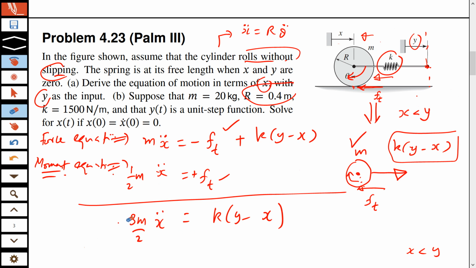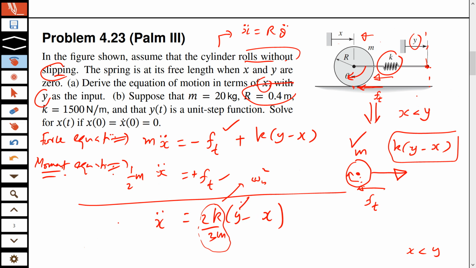If I take this 3 over 2 to the other side, it becomes 2/3, and I can take this m to the other side. It will be 2k over 3m, and you see this is my natural frequency now, the square of omega n.